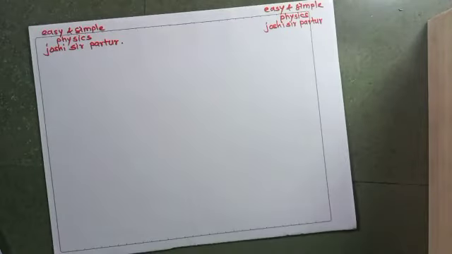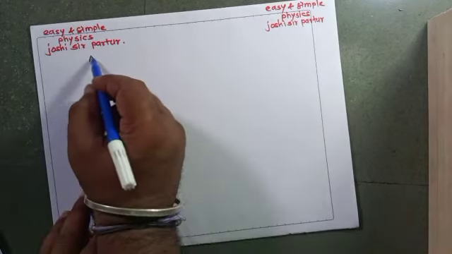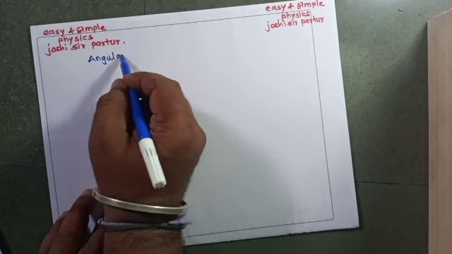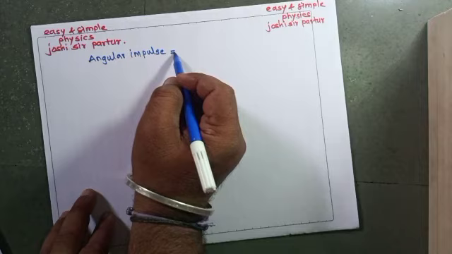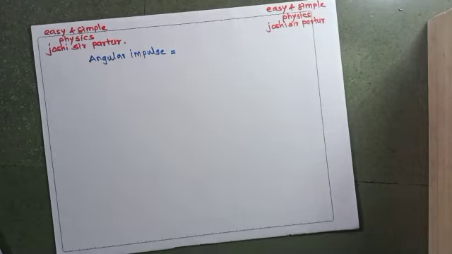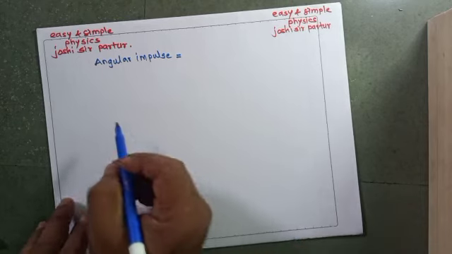The next physical quantity is angular impulse. Before seeing angular impulse, we first look at torque or couple.